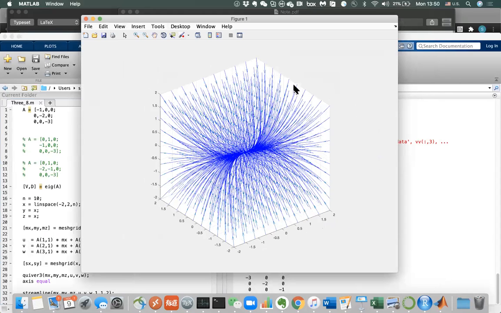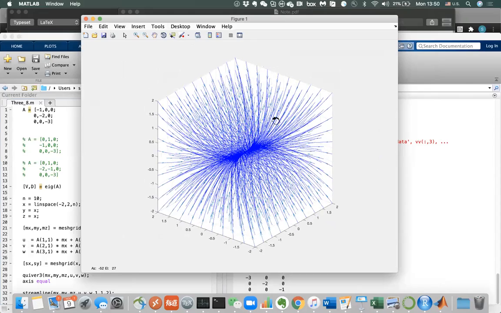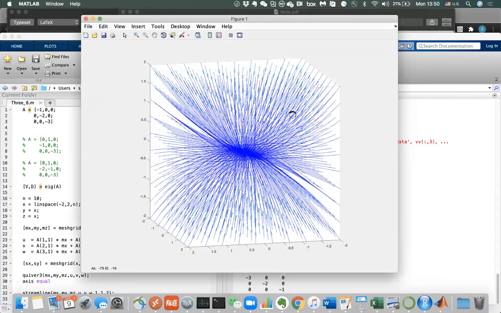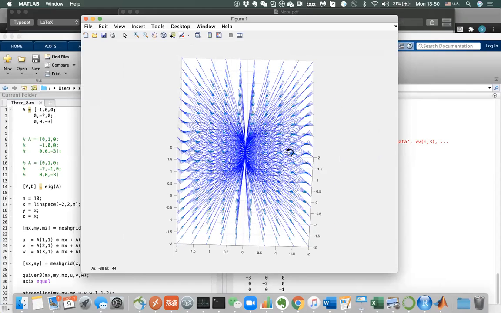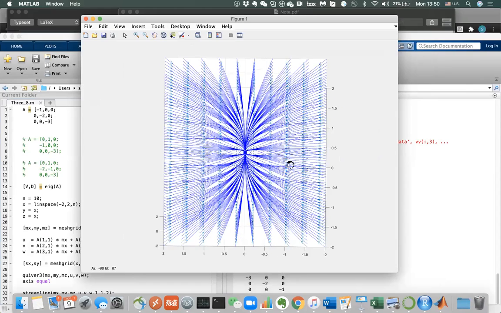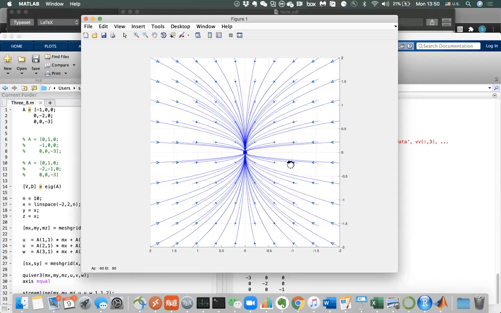Okay, all the straight lines, if you see it, actually all go back into the 0, 0. And if you try to rotate it to see the XY plane, you get exactly what we had for 2 dimensions. Sounds good.